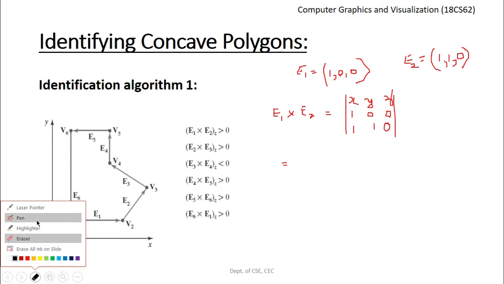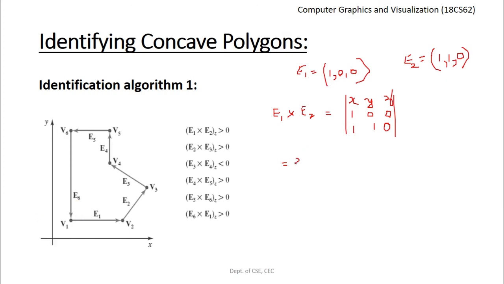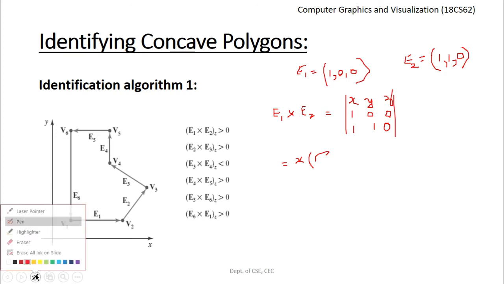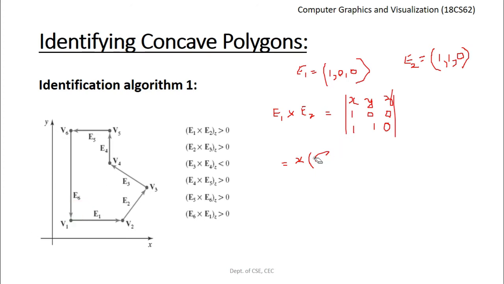So x, open bracket, 0 into 0 minus 1 into 0, that will yield us a value 0, right? I think you know the cross product here, right? So this into this minus this into this, so that is going to yield us a value of 0, okay?